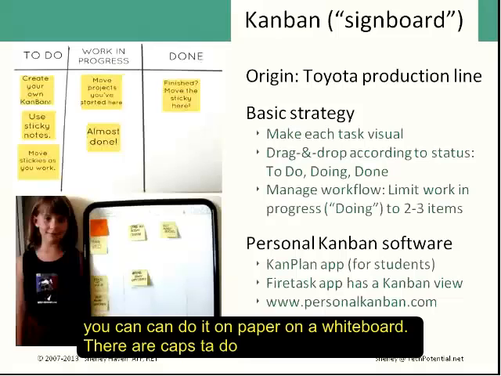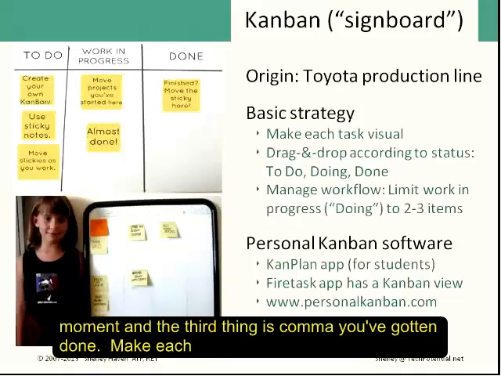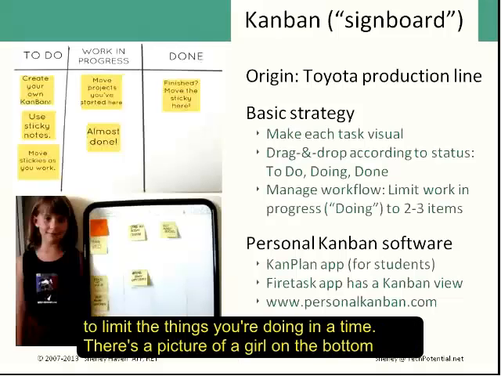The first column is lists of things to do. The second column is what you're doing at this moment, and the third column is things you've gotten done. The key point is to make each task visual, like a sticky note, one sticky note per task, and to limit the amount of things you're doing at any given time. This may sound very simplistic, but it's actually quite effective.